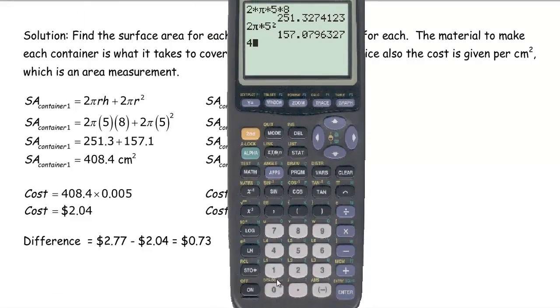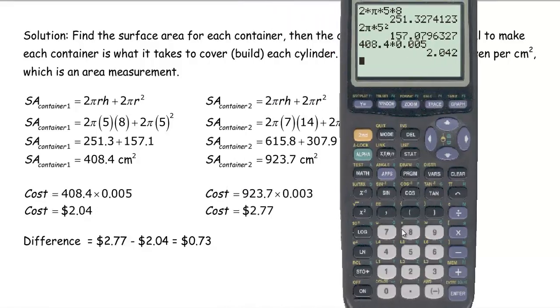So you see, 408.4 times 0.005. I would just drop this 2 because with money we're going to cents, so $2.04. And this second one here, 923.7 times 0.003.